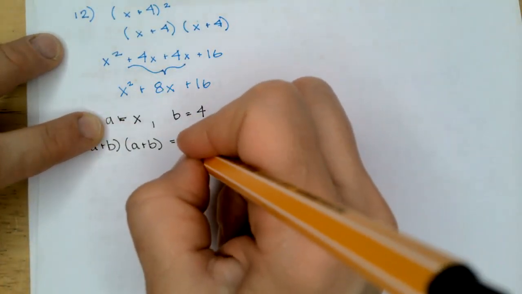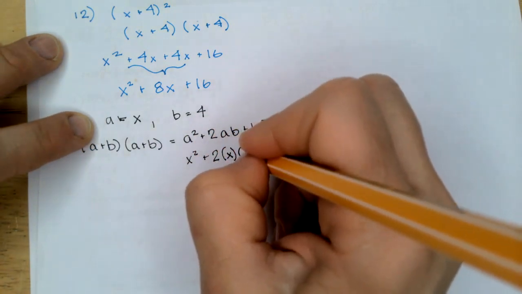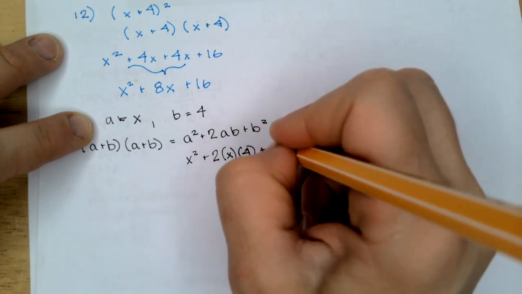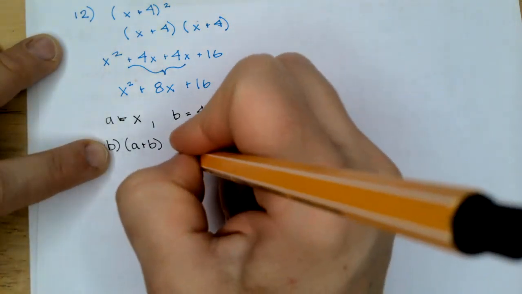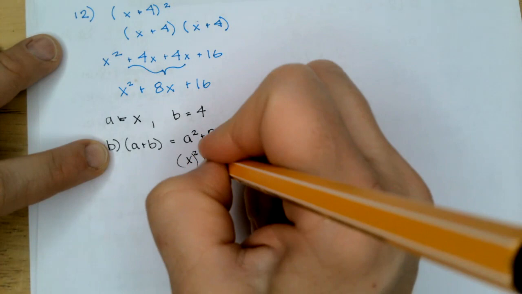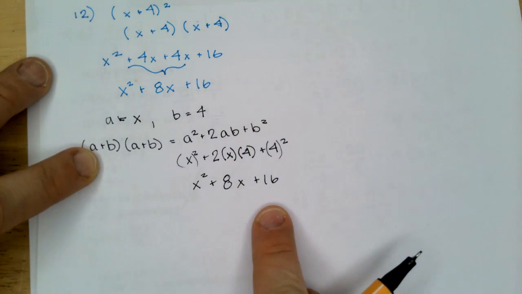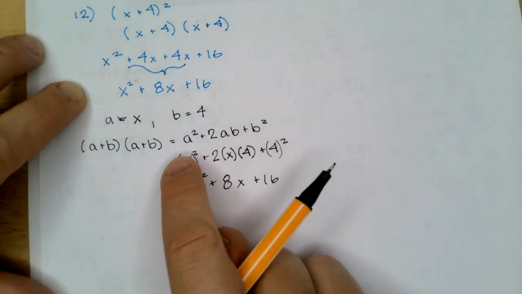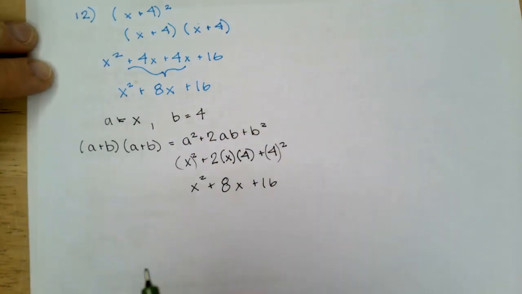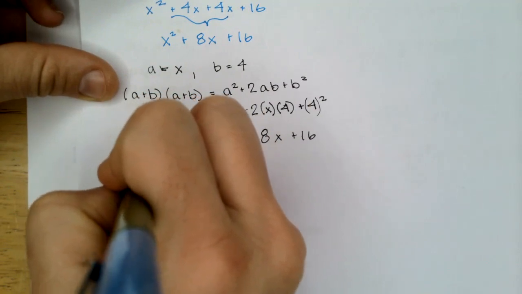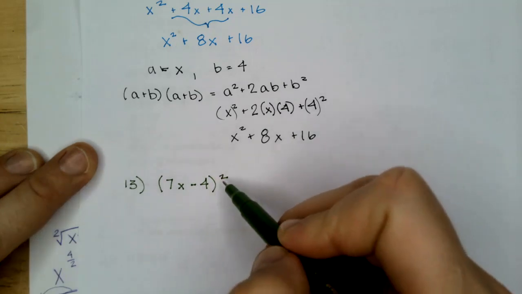A is x, so I'll call that x squared, plus 2 times A times B plus B squared. And obviously I should be using parentheses. So x squared is just x squared, 2 times 4 is 8, 4 squared is 16. So I get the same answer. It's just here I've used a formula, and here I've used the same FOILing method you can use for any binomial times a binomial.